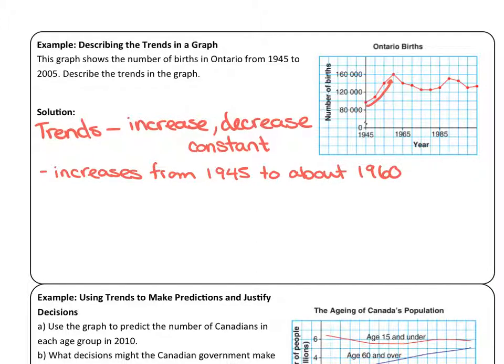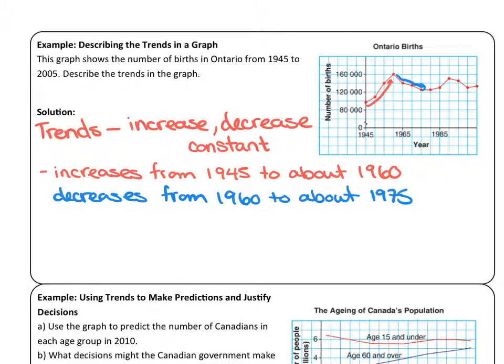It starts to decrease. So here it's going down. So I will write that decreases from 1960 to about 1975.